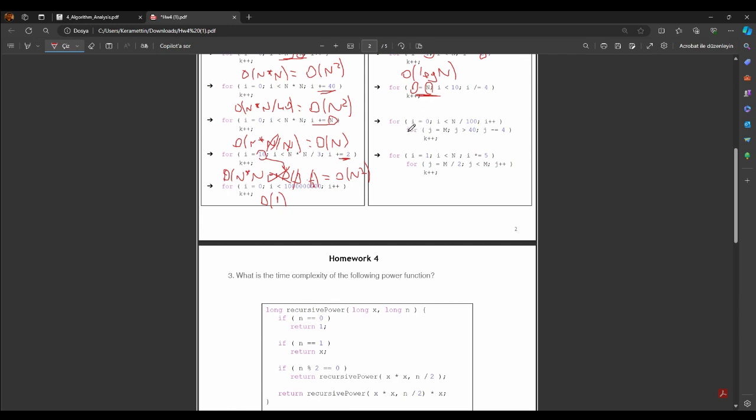As you see here, we have an inner loop here, a second loop. Let's check the first for loop.